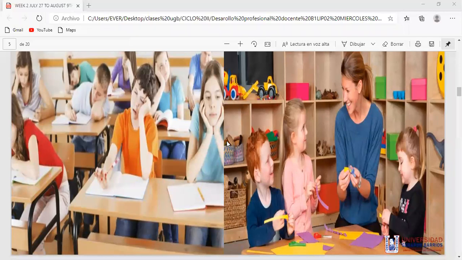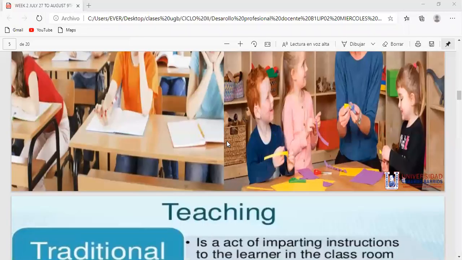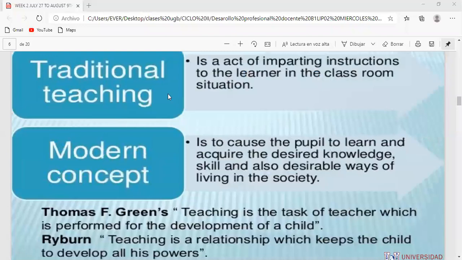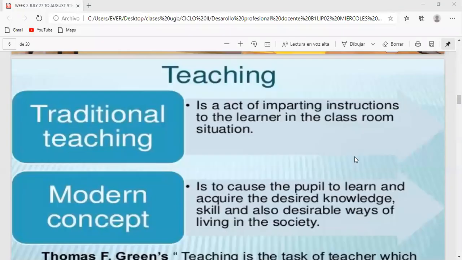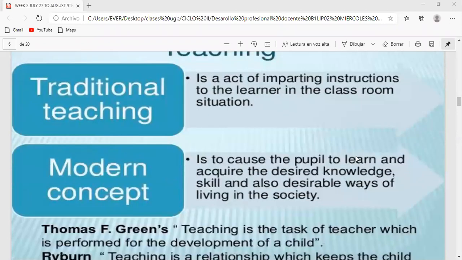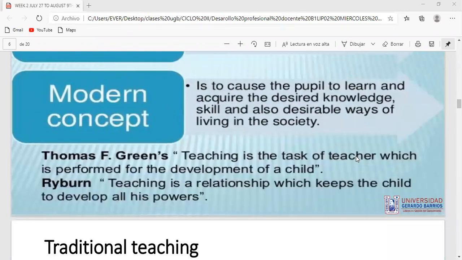Okay. So let's move on. Now here we have a concept. Traditional teaching, right, is an act. Here's a mistake, sorry about that. It's an act of imparting instructions to the learner in the classroom situation. Now we have the modern concept, which is to cause the pupil to learn and acquire the desired knowledge, skill, and also desirable ways of living in society.